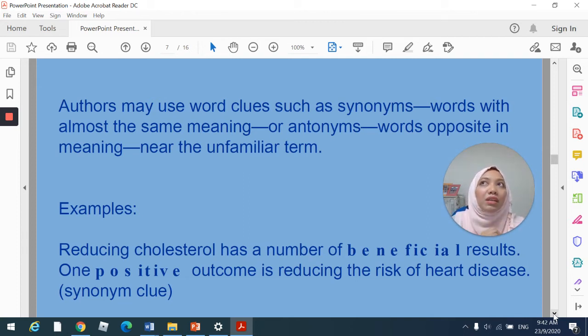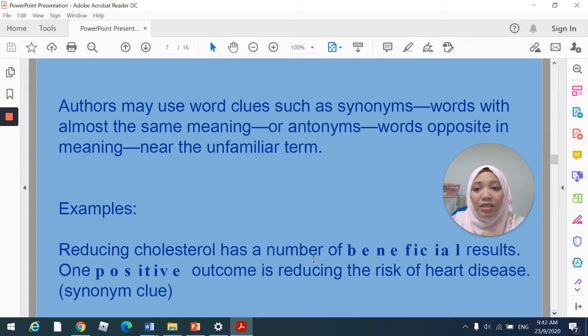The question may ask you, what does the word reflection in paragraph 2 mean? So you have to read through the lines in the paragraph, and if you're lucky, synonyms or antonyms are among the contextual clues that are very straightforward.